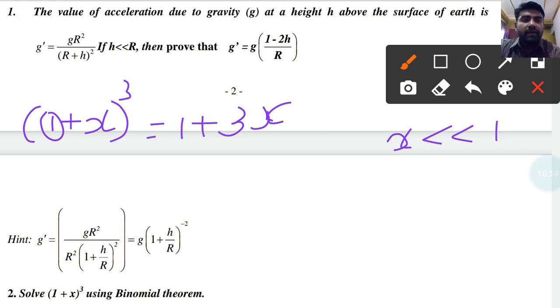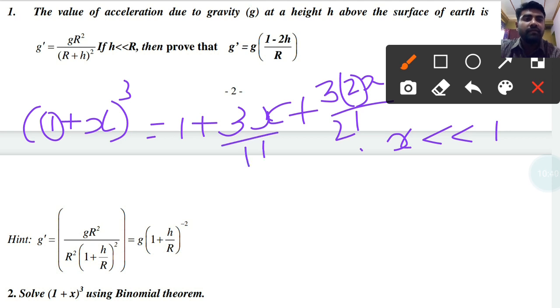So now see, if we are not neglecting, then what is the third term? So plus, that is 3 into n minus 1, so that will be 2 into x upon 2 factorial, right?